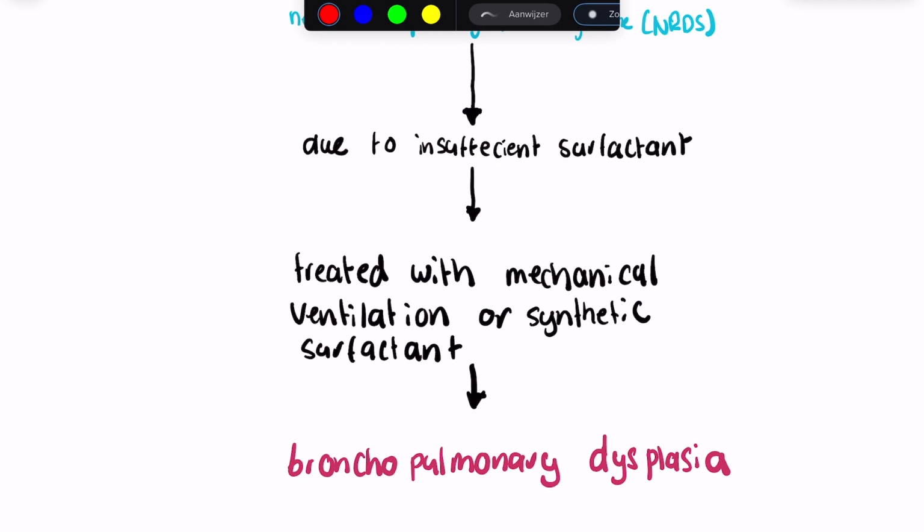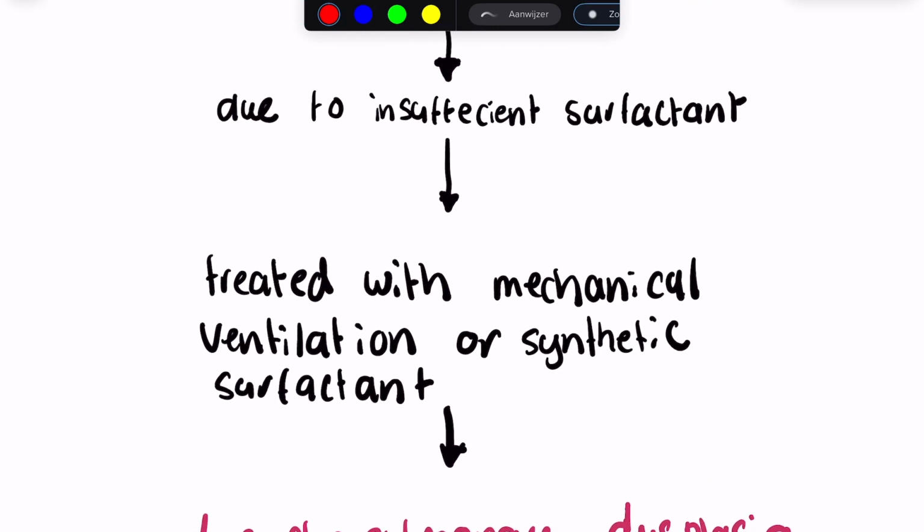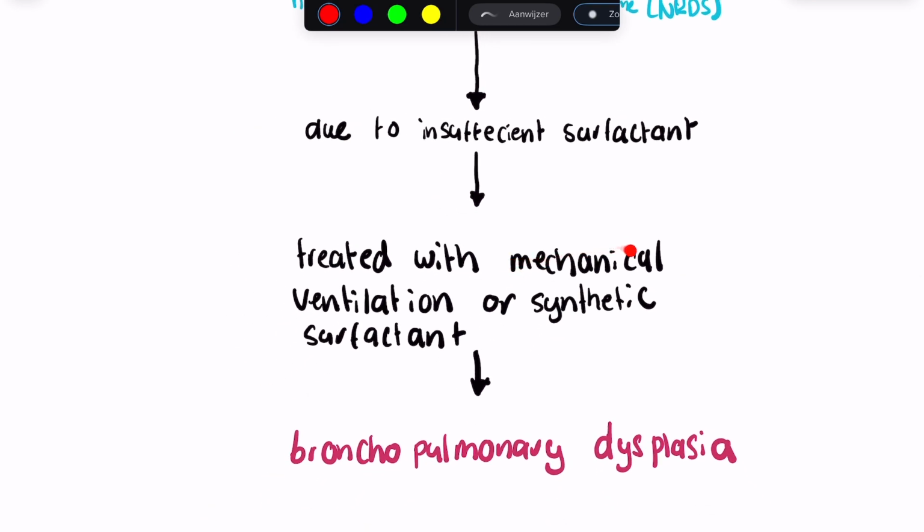Oftentimes this is combined with mechanical ventilation with positive pressure. These are like the big cabins that you see a child in, in order to have mechanical ventilation, because the child is not able to breathe by itself because of the alveoli collapsing. But what the mechanical ventilation does is produce scarring tissue on your alveoli and on your lungs.